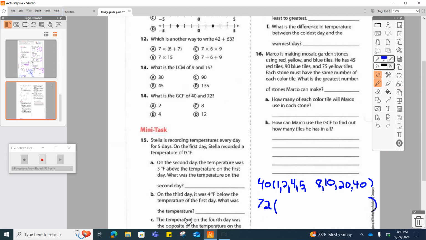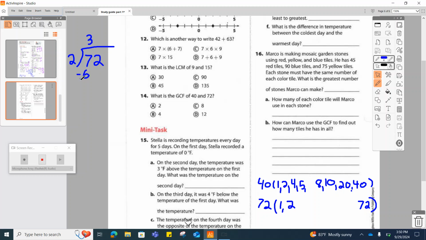1 times 72. Since 72 is even, 2 is a factor of 72. But let's say I don't know 2 times what is 72. I can always come over here and divide. 2 goes into 7 3 times. 3 times 2 is 6. 7 minus 6 is 1.